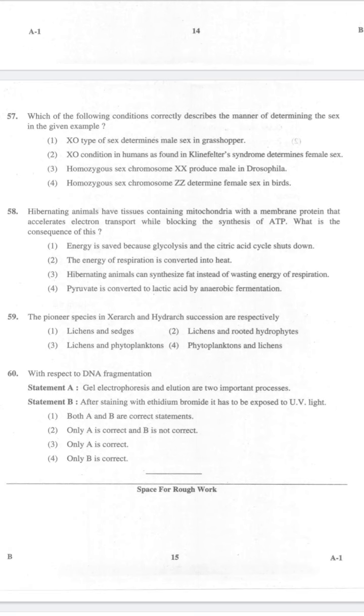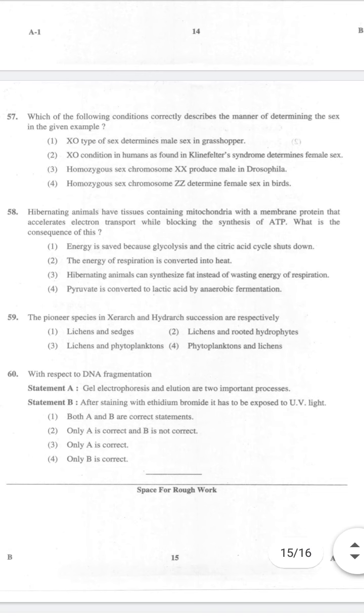So let's see the 4 options. Option 1, both A and B are correct statements. Option 2, only A is correct and B is not correct. Option 3, only A is correct, and option 4, only B is correct. So the correct answer is option 1, both A and B are correct statements.